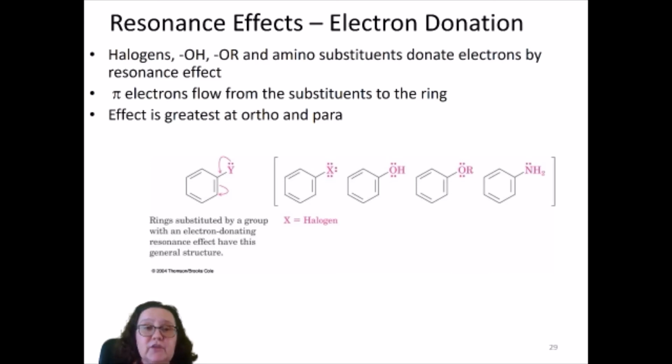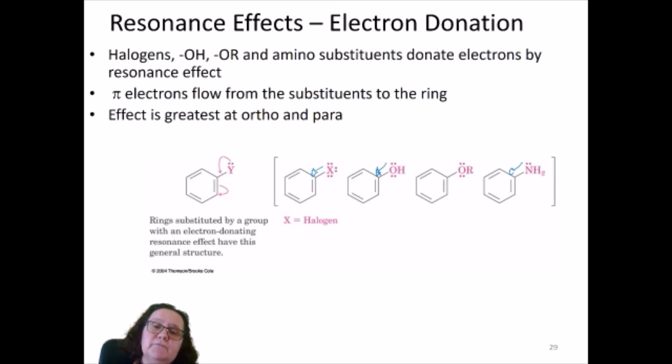In some cases, you have groups like the halogens, the hydroxyl group, an ether group, or an amino group. Again, they donate electrons by resonance effect. If you think of the oxygen, the halogens, and the amino group, they have electrons not used in bonds that can react.